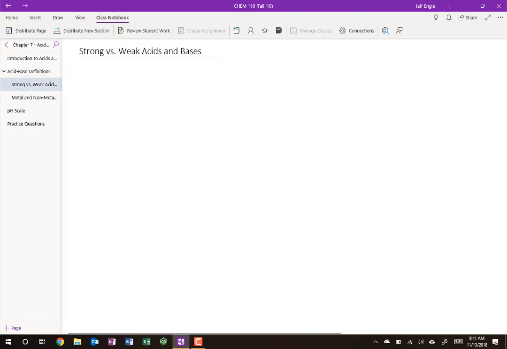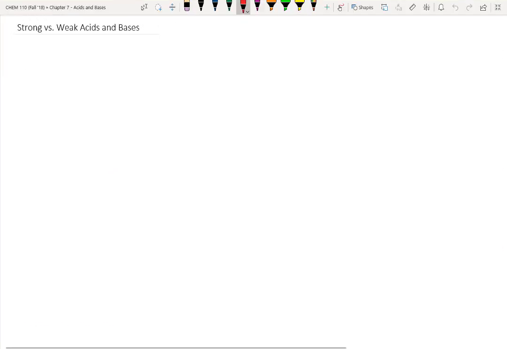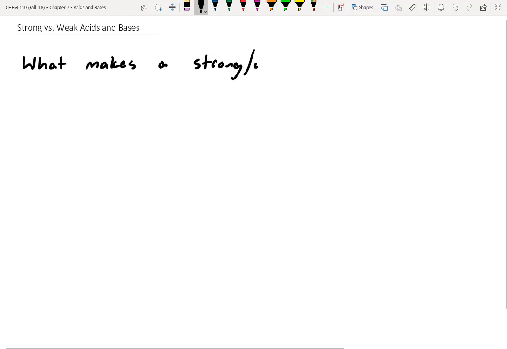All right, so today what we're going to do is start off talking about strong versus weak acids and bases. So what makes a strong or weak acid or base?